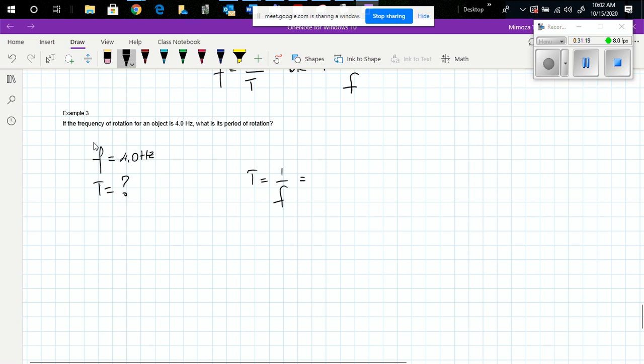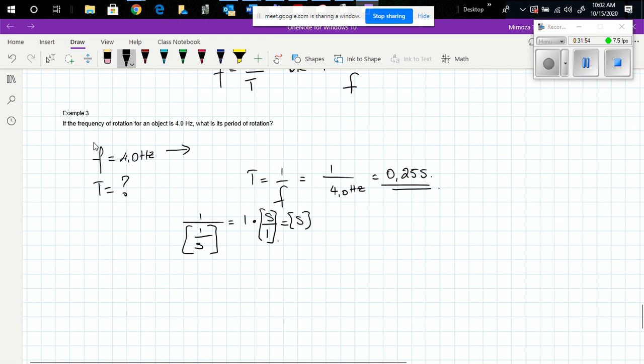Now, period is 1 over f, so it will be 1 over 4 hertz. And the units here will be 1 over 1 over seconds, or 1 times seconds over 1. And when we multiply, it will be seconds. And this will be 0.25 seconds.